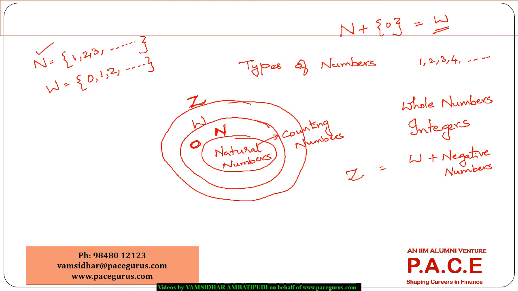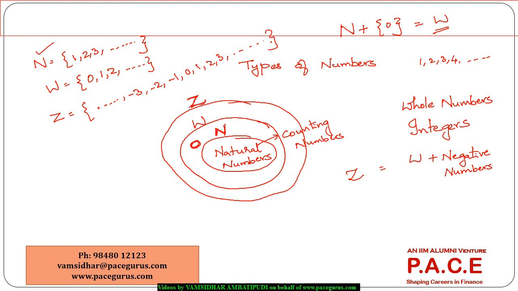So there is no smallest integer or largest integer, because the numbers can go to minus infinity, a very small value, minus a large number. They can start from somewhere, let's say minus 3, minus 2, minus 1, 0, 1, 2, 3, and so on. They can go to anything. So there is no smallest value or largest value as far as the integers are concerned.